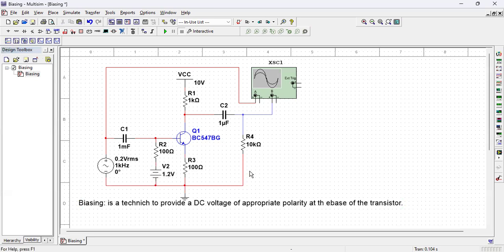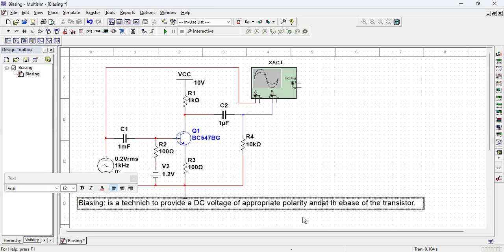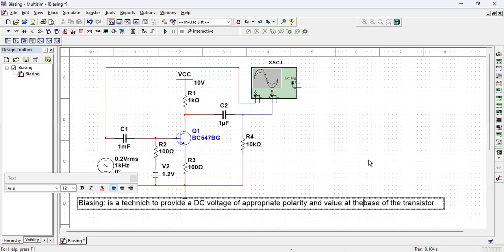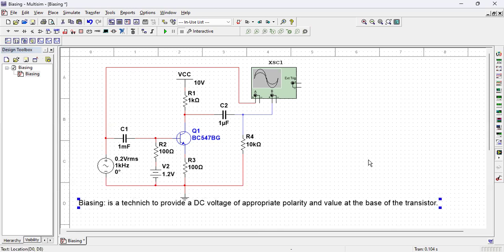But anyway, biasing is a technique to provide a DC voltage of appropriate polarity and value at the base of the transistor.